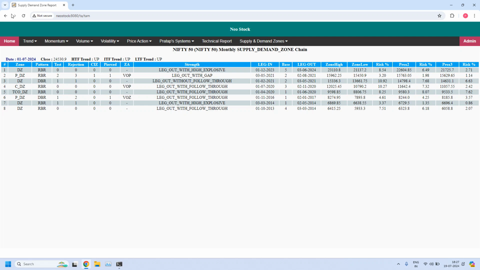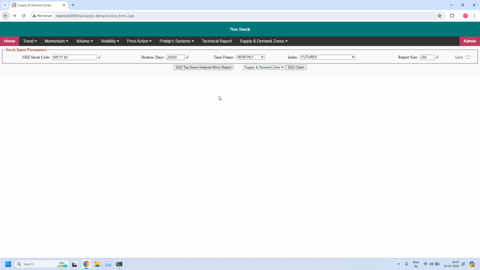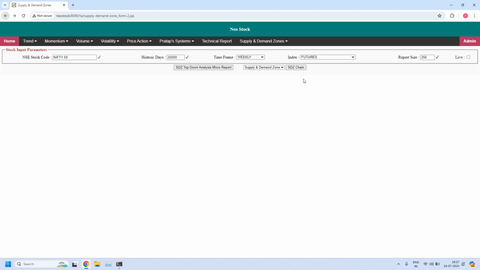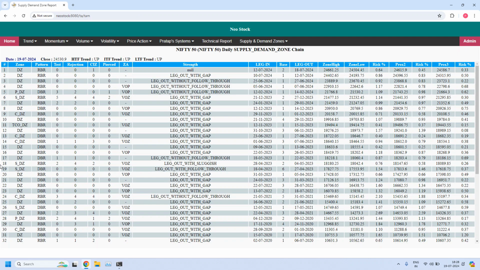Okay. Next, I am going to generate the NIFTY weekly time frame supply demand zone chain. This is the weekly supply demand zone chain for NIFTY. And the next time frame is daily. Now I am generating the supply demand zone chain for daily.